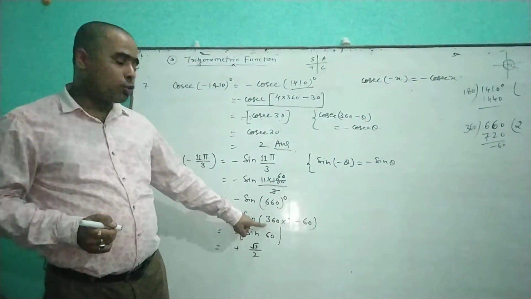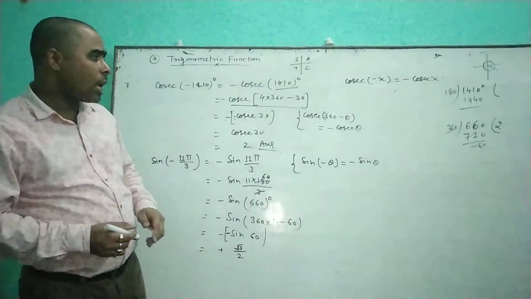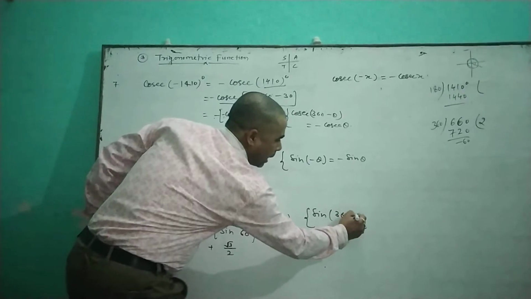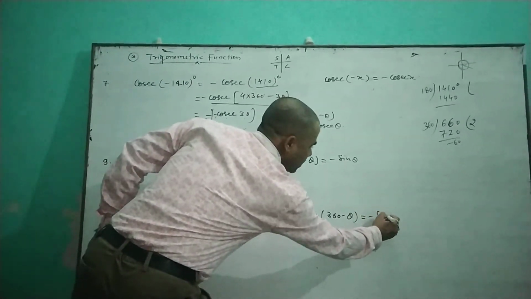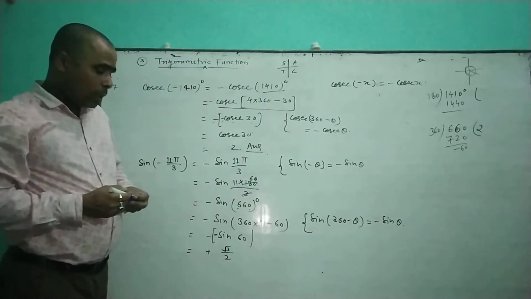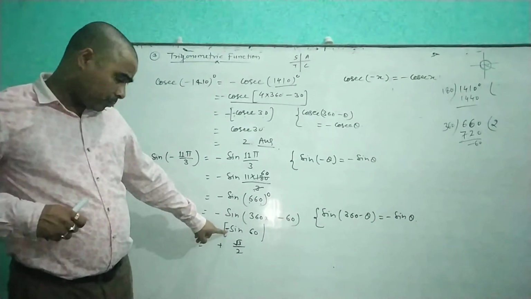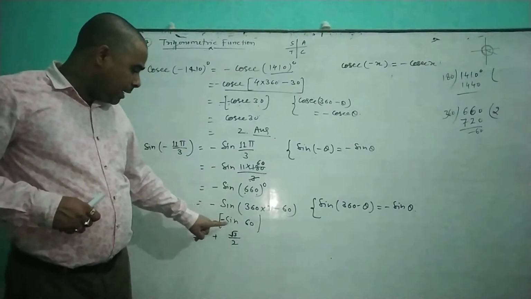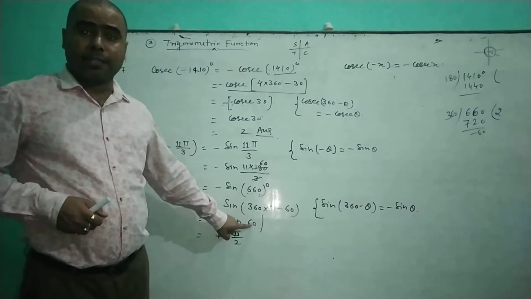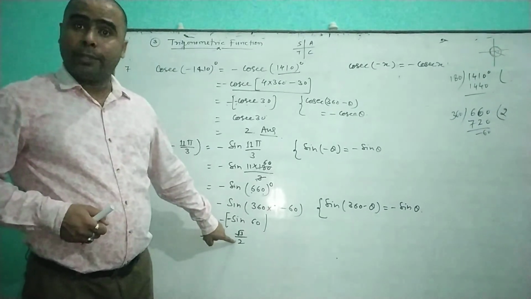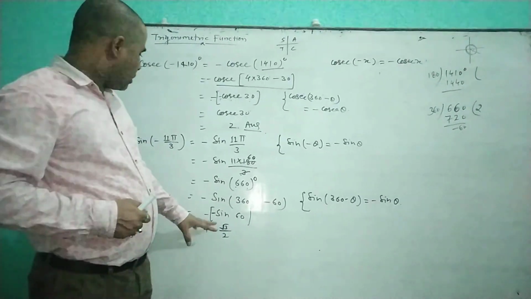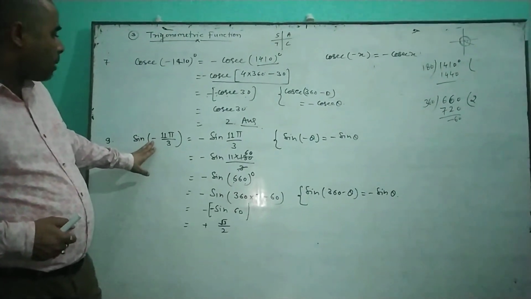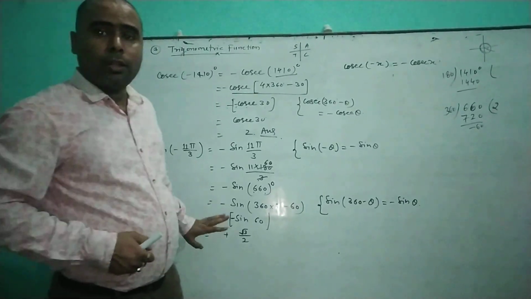Now using the formula, sine 360 minus theta is equal to minus sine theta. Now minus sine 60 degree, minus minus will be positive, and the value of sine 60 is under root 3 by 2. Now this is the value of the trigonometric function sine of minus 11 pi by 3. Thank you, student.